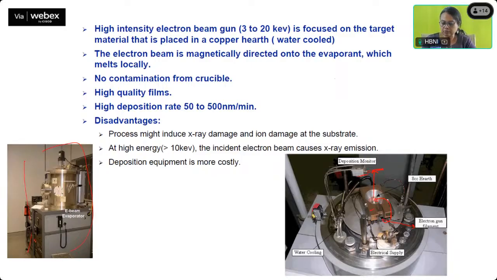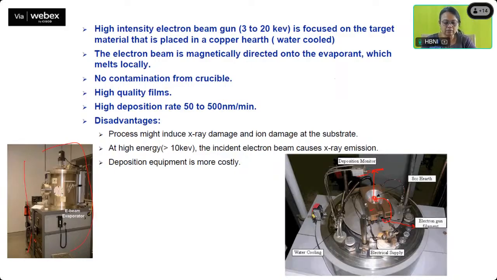No contamination comes from the crucible because only a very small spot gets evaporated. Very high quality films can be formed. High deposition rate, because there is a lot of melting. The disadvantage is the process may induce X-ray damage because electron Bremsstrahlung can happen, and ion damage at the substrate because electrons can collide with some gas, argon gas is there, so there may be some ion formation.